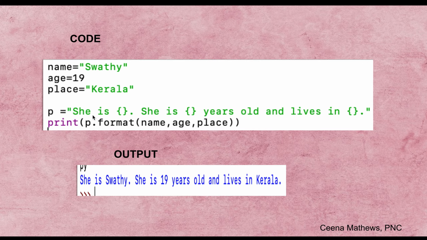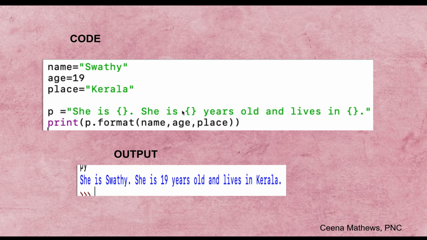And here to represent these variables, or the place where these values are to be printed, I have used placeholders. And the text is P is equal to she is placeholder, she is placeholder years old, and lives in placeholder.